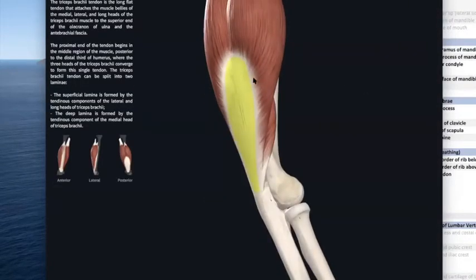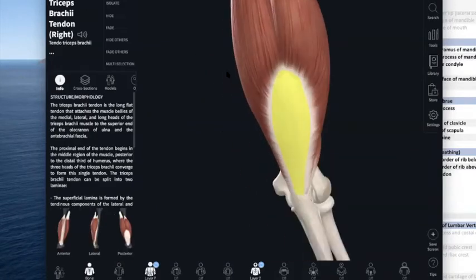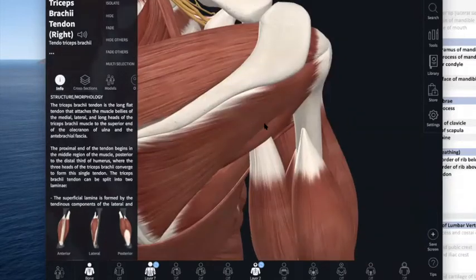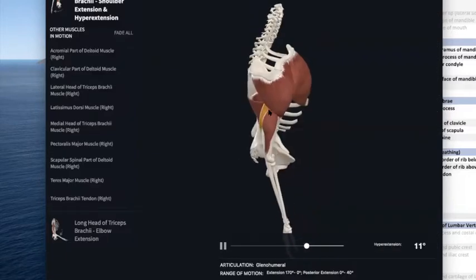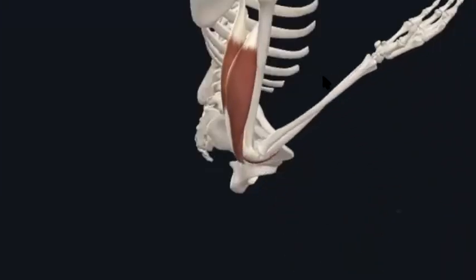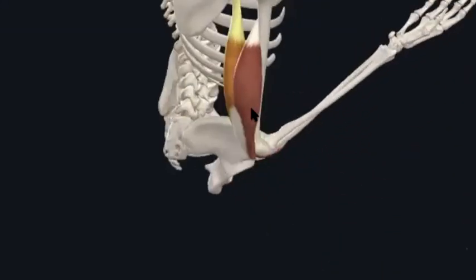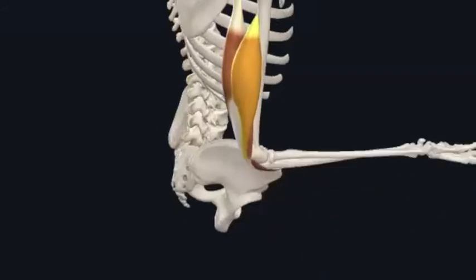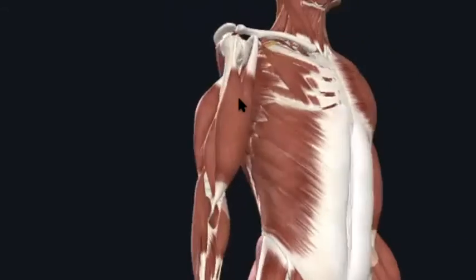Because this part spans the shoulder joint, it's going to be doing shoulder extension and hyperextension. And it's also going to be doing elbow extension. So this is flexion, being stretched, now it's contracting. This portion doesn't do anything with the shoulder, but both of them do elbow extension. So those are muscles around your brachial area.